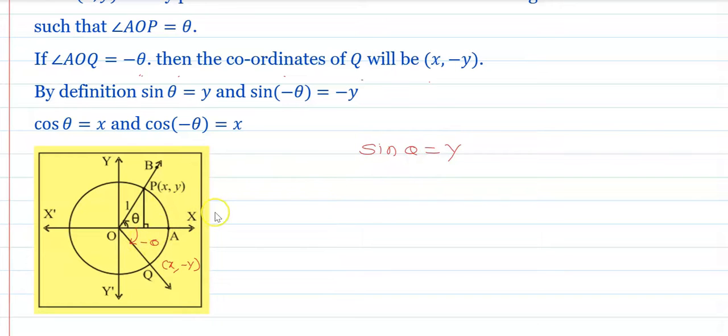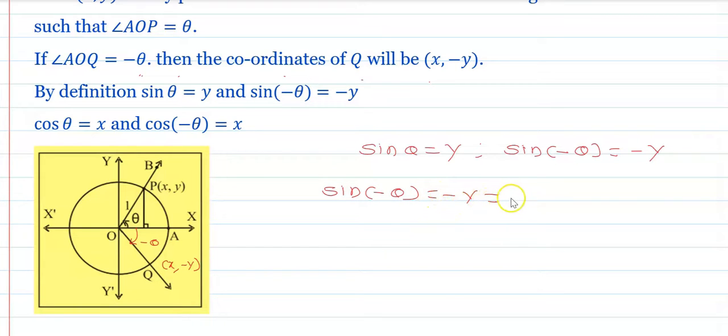Then for the negative angle, sin of minus theta is equal to minus y.